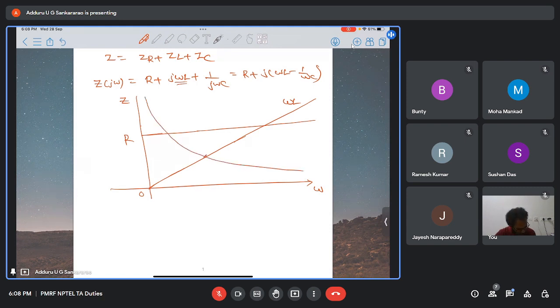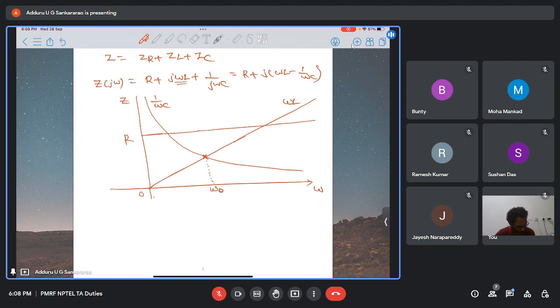Somewhere here the impedance of the inductor and the impedance of the capacitor are both equal. That frequency we call, let us say, omega naught.